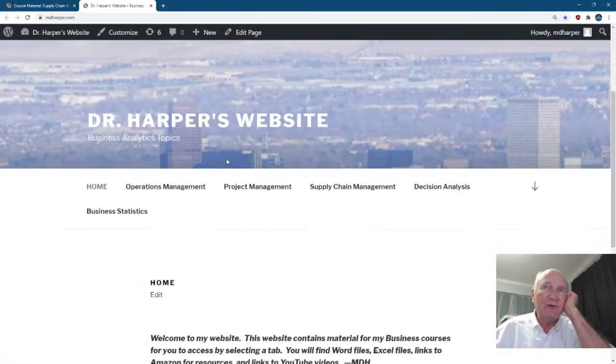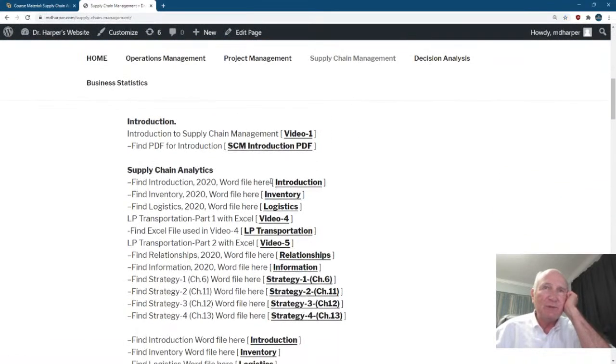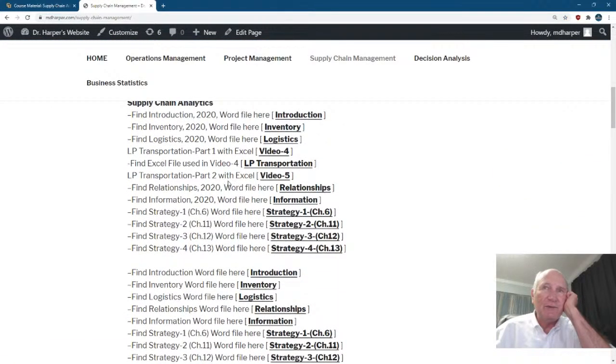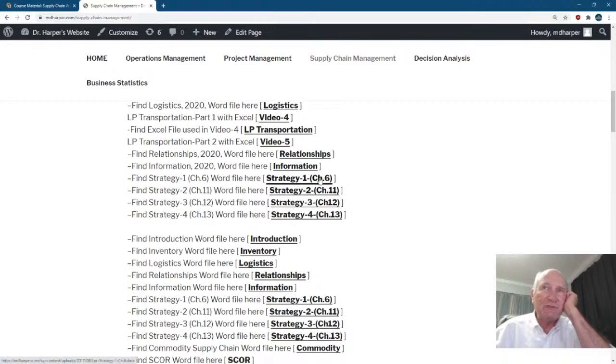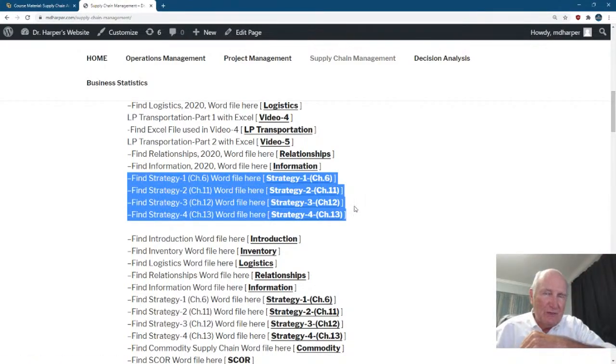And so here's where the lectures are going to be, supply chain management. If we come down here under supply chain analytics, down here we have chapters 6, 11, 12, and 13 for the strategies. And Simchi-Levi really talks about strategy all the way through the text. But here, 6, 11, 12, and 13, they focus on very specific things.